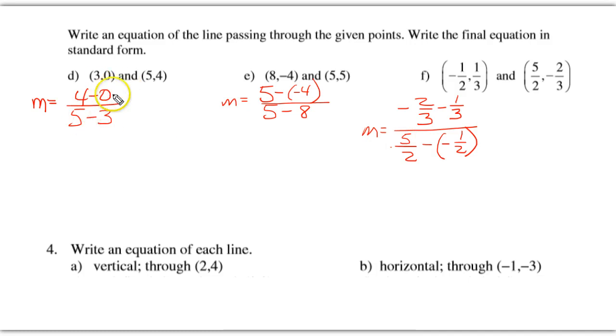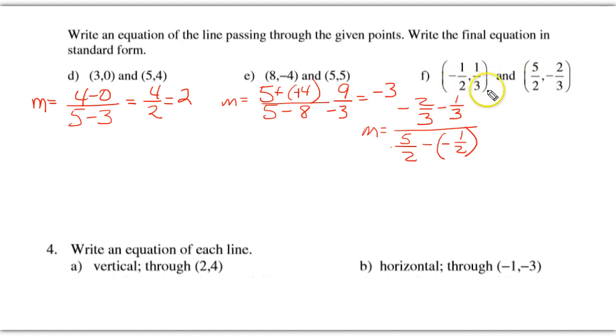So I set these up. It should be relatively easy once you get some practice. 4 minus 0, of course, is 4. 5 minus 3 is 2. So our slope here is going to be 4 divided by 2 is 2. Now here, because of the signs, this will become a plus. So our numerator here is 9. And our denominator a negative 3 when we do this subtraction. And we end up with a negative 3 for this one.